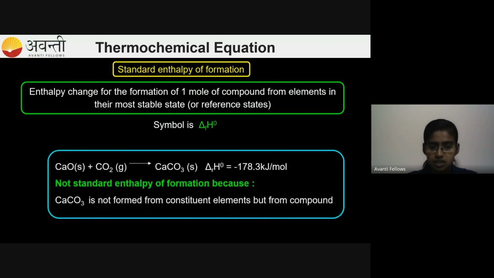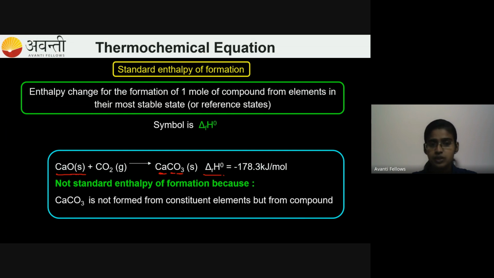Now here you see calcium oxide is reacting with carbon dioxide to give calcium carbonate. Okay. And here delta HR naught is given. But it is not the standard enthalpy of formation. It is a standard enthalpy of reaction. Why is it not called the standard enthalpy of formation? Because we have calcium, carbon, and oxygen here. The standard state of calcium is solid calcium, but it is present in calcium oxide form, not in the form of calcium.